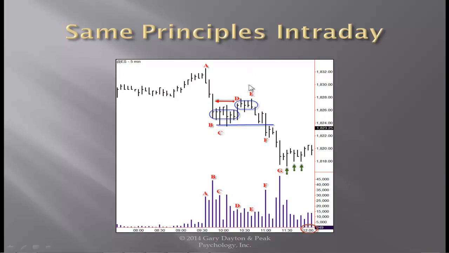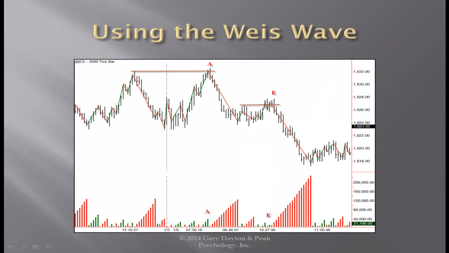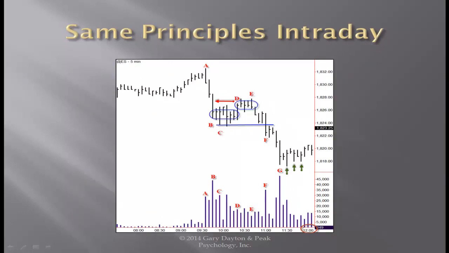And then there are going to be people who thought this was a good spot to buy because it's support. And now we're back up into this area, and they're long, and they need to get out of their trade, so they've got to sell, and they're putting additional pressure on the market.